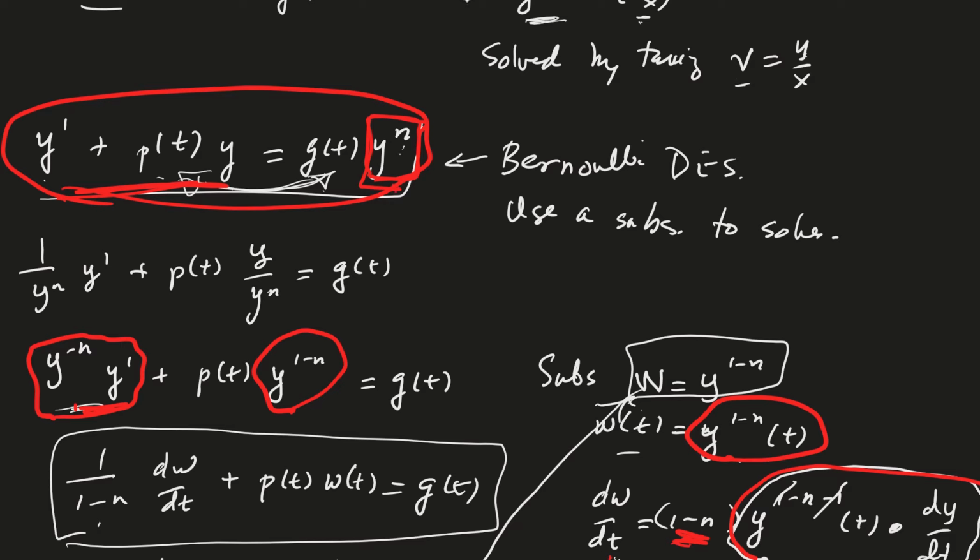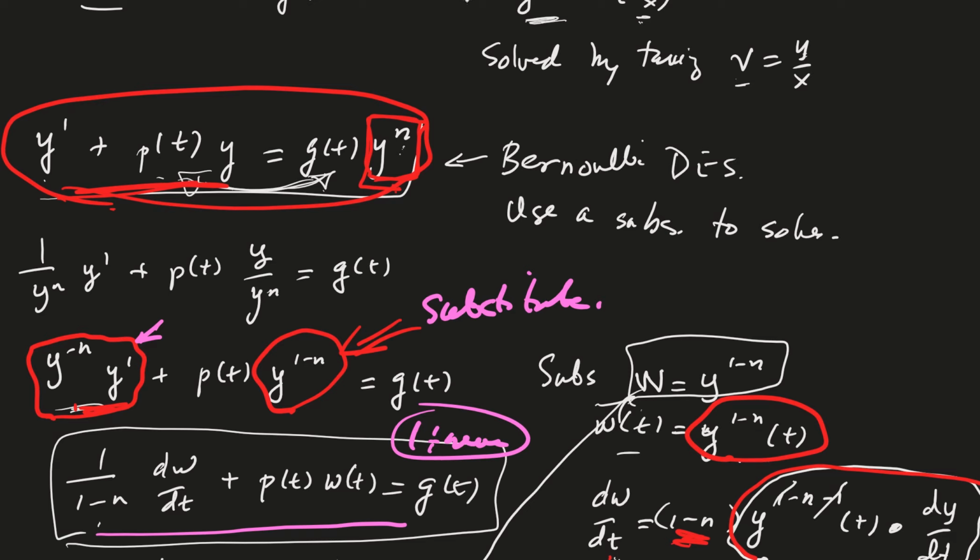And so the idea here is that if you divide by y to the n, then this is what you want to substitute. And if you do, then you'll automatically get this piece for your derivative, and then you'll get a linear DE out of that. You'll be able to solve for w. And then finally, at the very end, back substitute, put in your y again, and that's it.